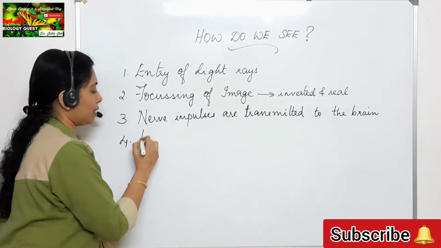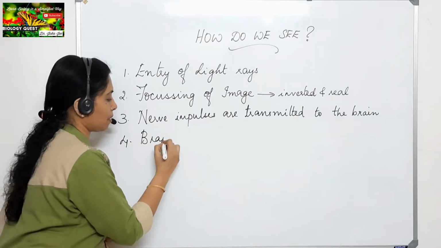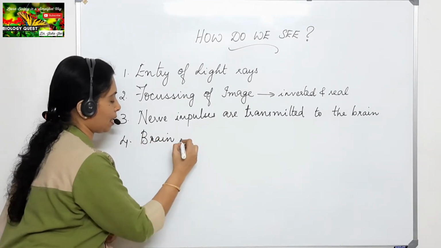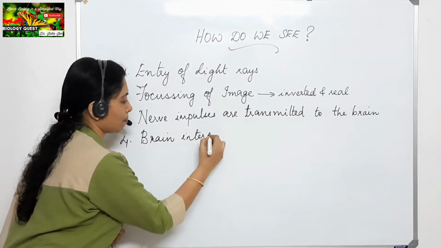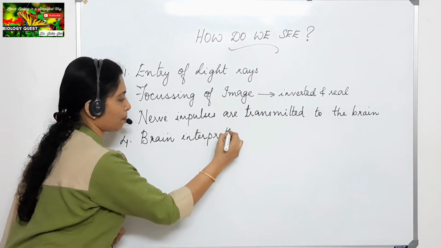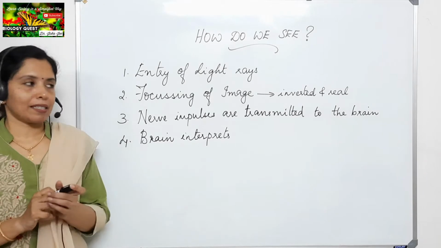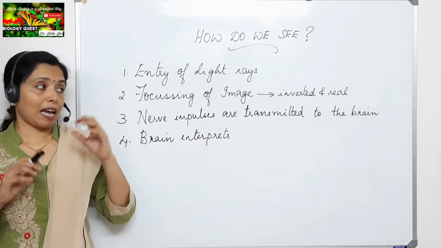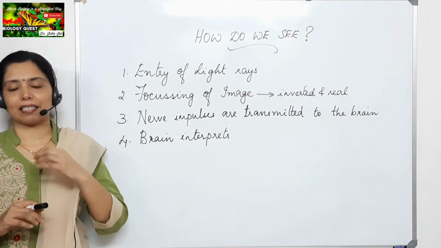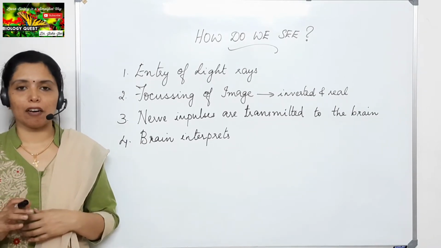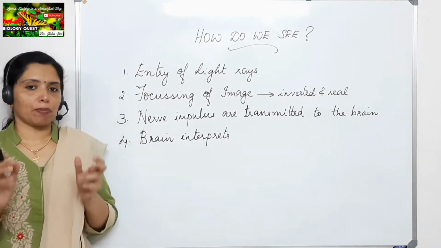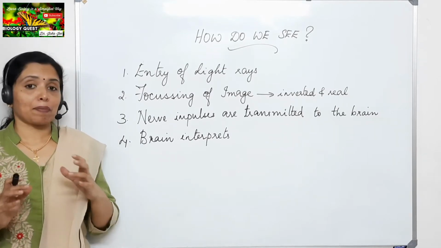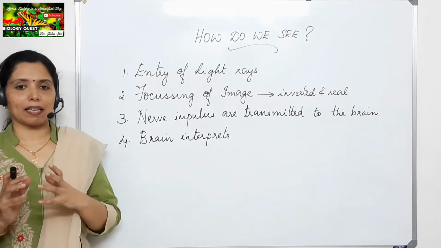Okay. Now the fourth step is the interpretation of the image by the brain. The brain interprets the image. That is the fourth step. Now we have seen that the nerve impulses have been generated, and they are transmitted through the optic nerve to the visual area of the brain, and the fourth step is that the brain interprets the image.